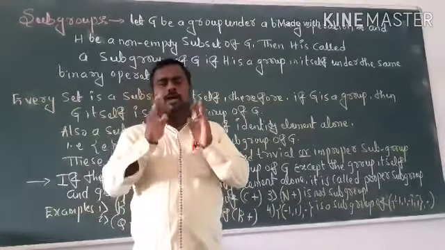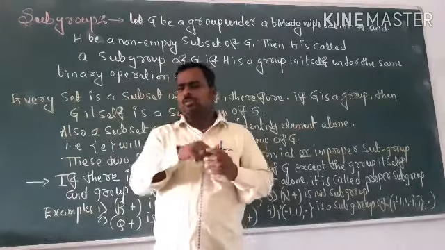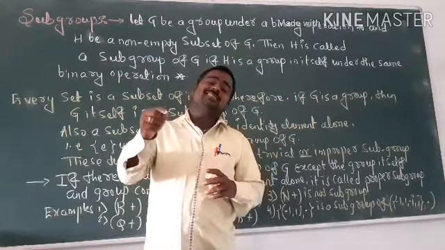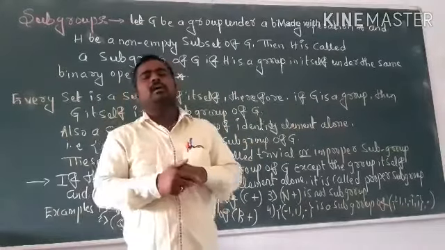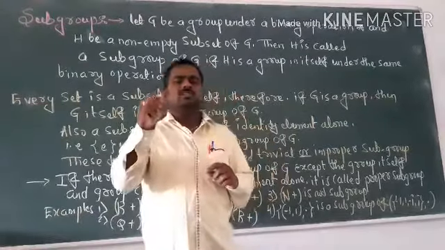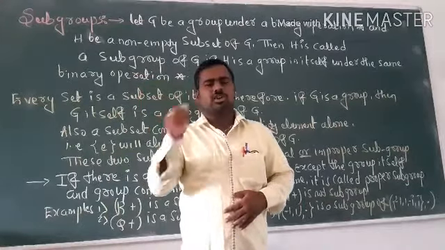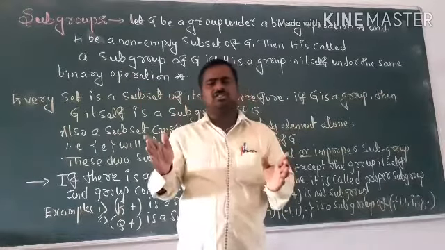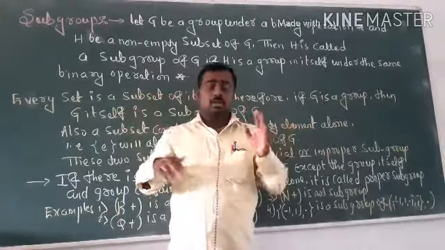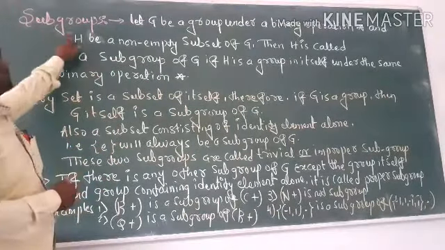Here also, we consider a set with a binary operation, a group. G is the biggest group with a binary operation, and H is a subgroup of G with the same binary operation. So let G be a group and H be a subset of G. Under this condition, if H satisfies all the group properties, then it is known as a subgroup.